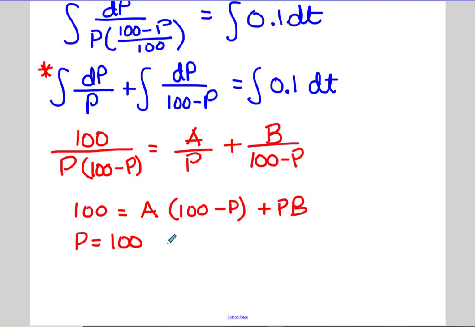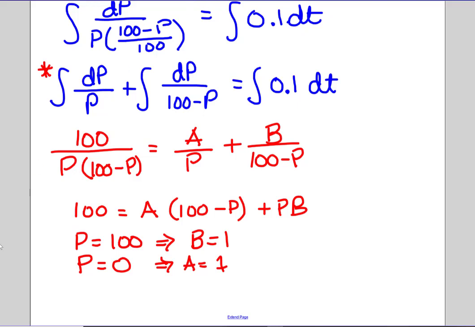If P is 100, then we have 100B equals 100, so B is 1. And if P is 0, then this is eliminated, and we have 100A equals 100, so A is 1. So back here we have a 1 here and a 1 here.